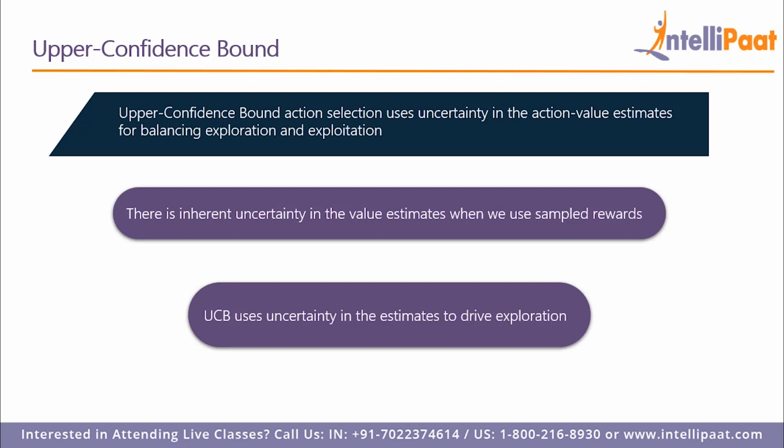So it would be better to select actions among the non-greedy actions for exploration according to their potential of being optimal, which can be done by taking into account both how close their estimates are to the maximum and how uncertain those estimates are. So we use upper confidence bound to select actions using the uncertainties in those values.